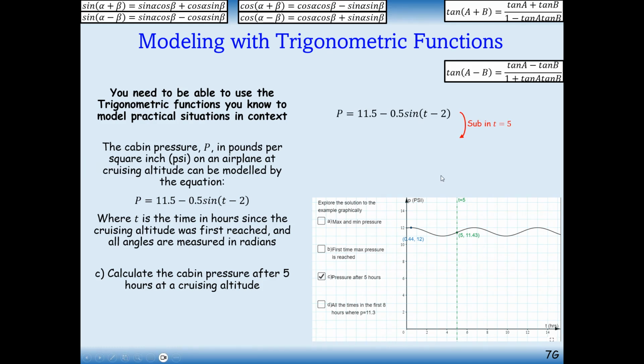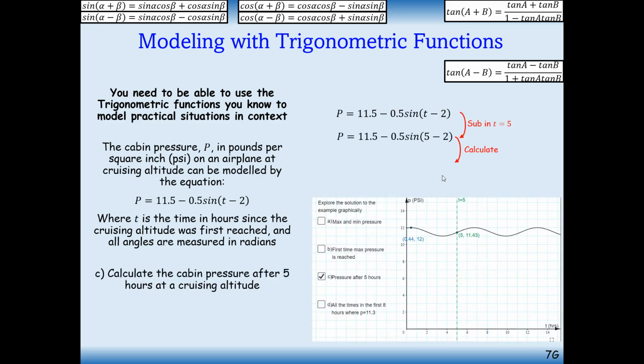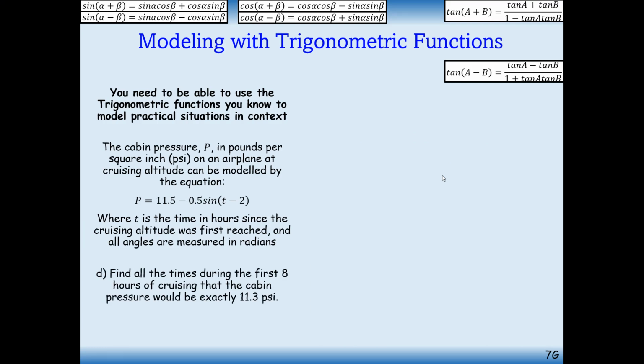Can we calculate sine of 3? Yes, because our calculator should be in radian mode, so that's fine. So the final answer was 11.43.